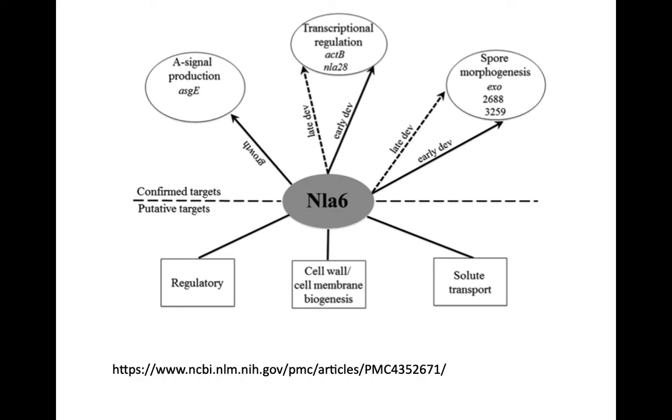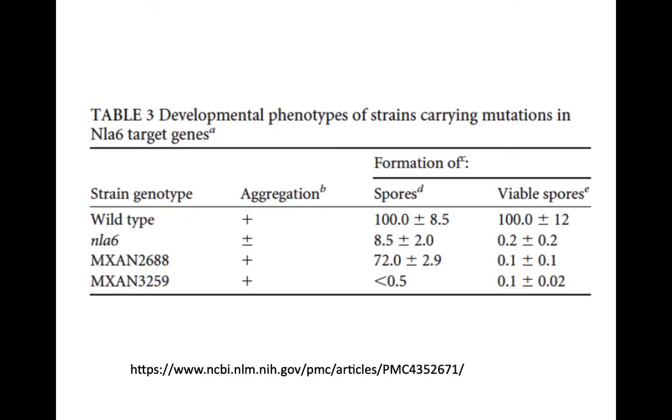Now, one of the data that they have to substantiate the assumptions that I've been mentioning, which are based on the paper, is they developed phenotype strains that carry mutations in the NLA6 gene. So the NLA6 gene that produces the NLA6 protein, they mutated it.